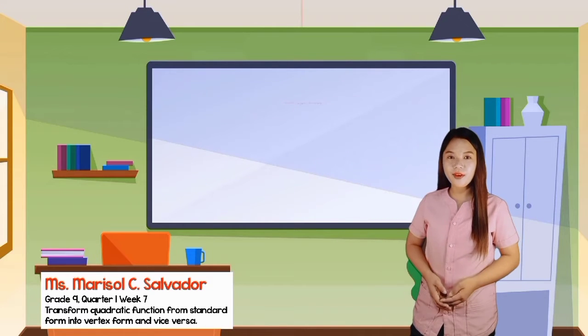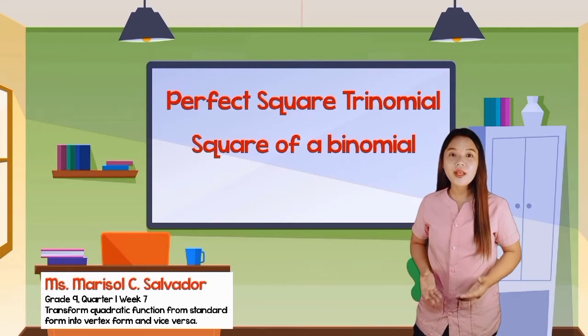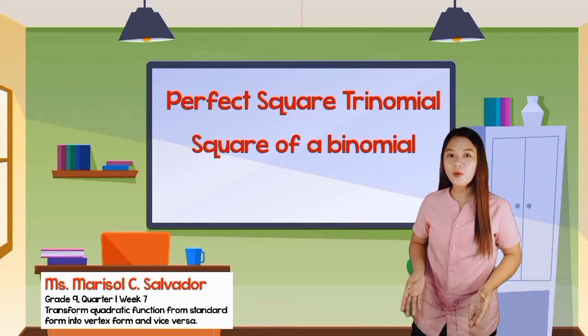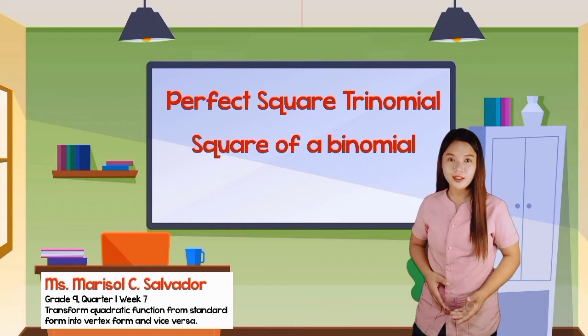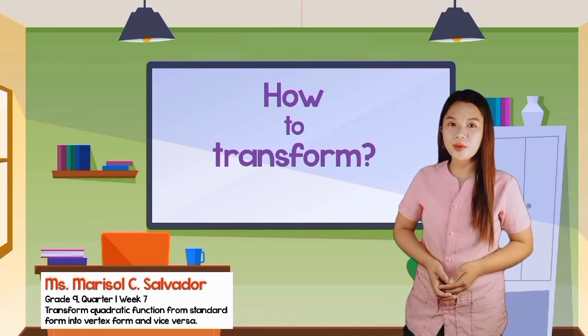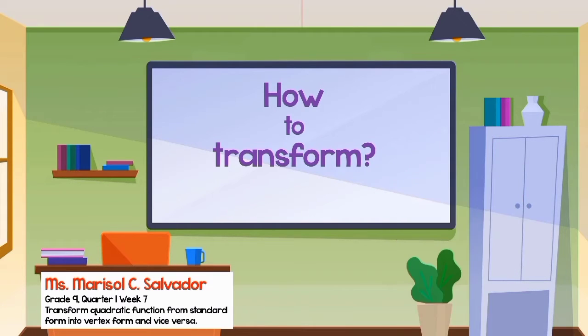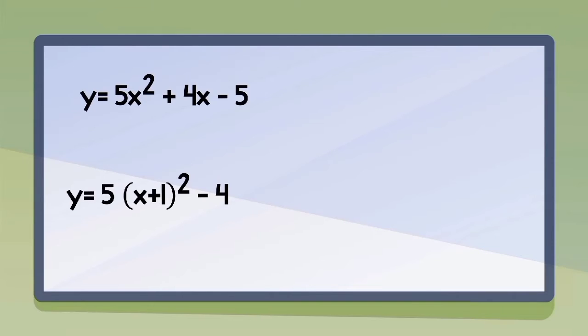So how is a perfect square trinomial and a square of a binomial related to our lesson on transforming quadratic functions from standard form to vertex form? How do you transform quadratic functions from standard form into vertex form? Observe these functions.